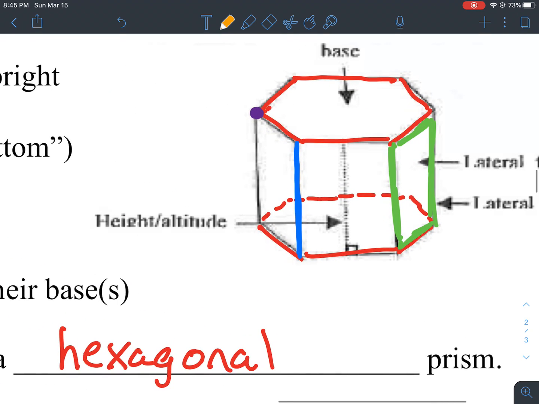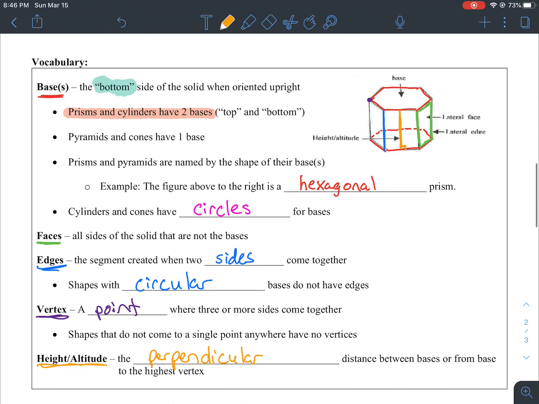So in this case, we can see the height is just this measurement from the bottom base to the top base going straight up and down perpendicular. Okay. So a lot of vocabulary there: bases, faces, edges, vertex, height, and altitude. We're going to continue to use these words all throughout the unit, so if it takes a couple days to get used to it, don't worry about it, you'll get there.